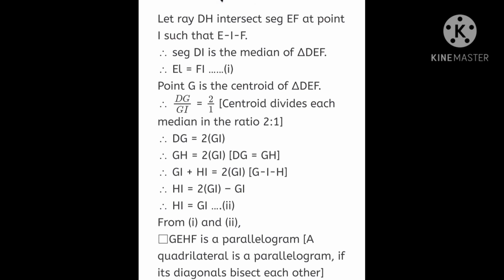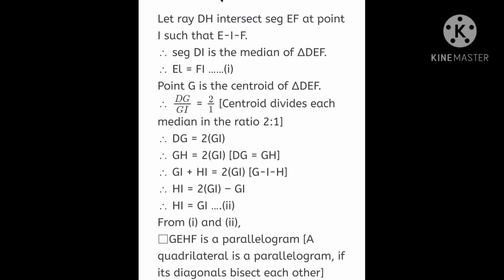Now GH is equal to 2GI, because DG is equal to GH, it's given in the question. So if DG is equal to 2GI, then GH is also equal to 2GI.